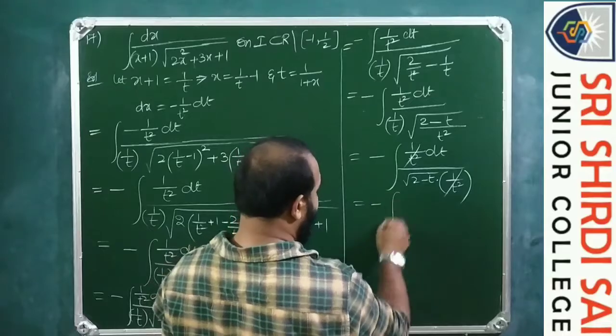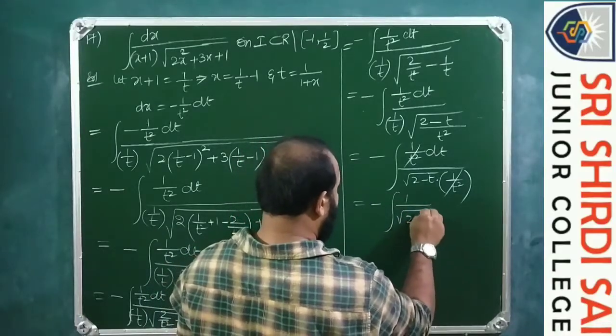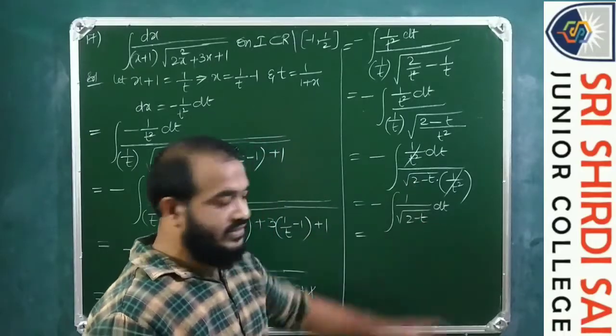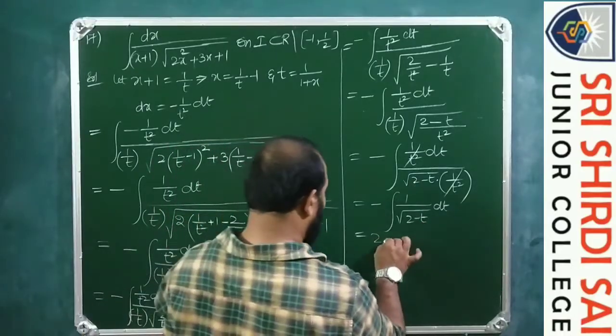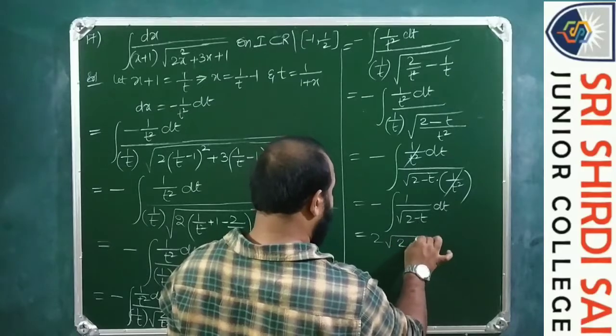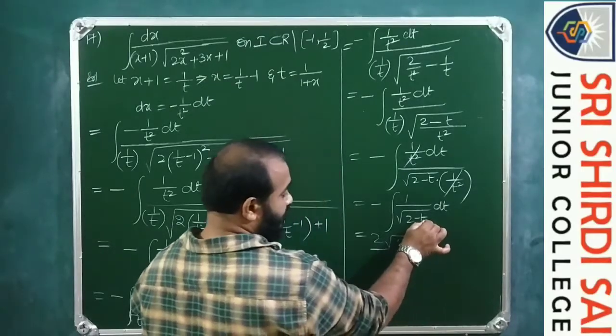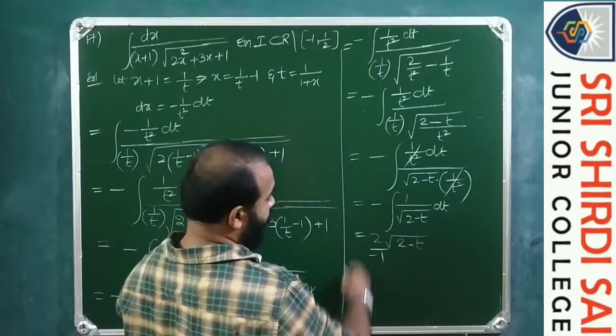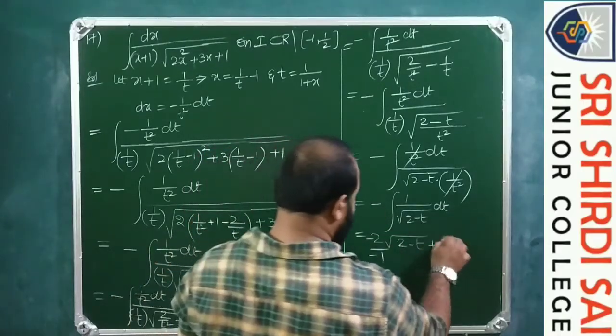Minus integral 1 by root of 2 minus t dt. So this is of the form integral 1 by root x, 2 root x. So 2 root of 2 minus t by quotient of t is minus 1. So already minus is there, plus c.